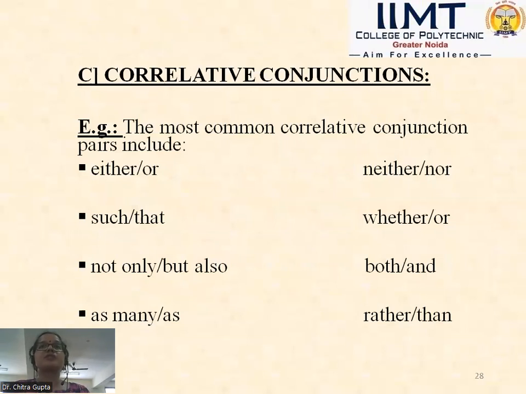The most common correlative conjunction pairs include either or, neither nor, such that, whether or, not only but also, both and, as many as, rather than. So you can see that all these conjunctions come in pairs, because one is incomplete without the other.